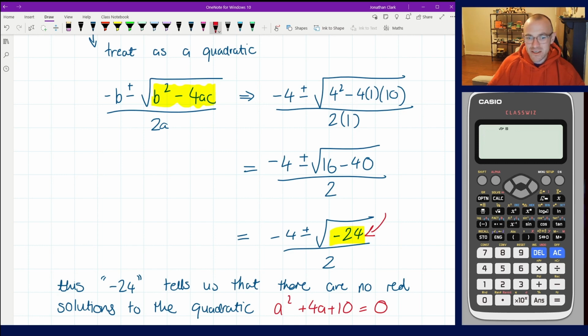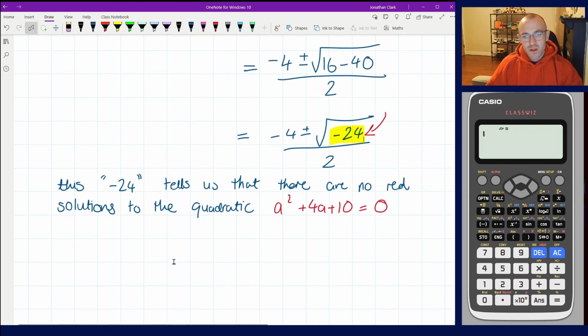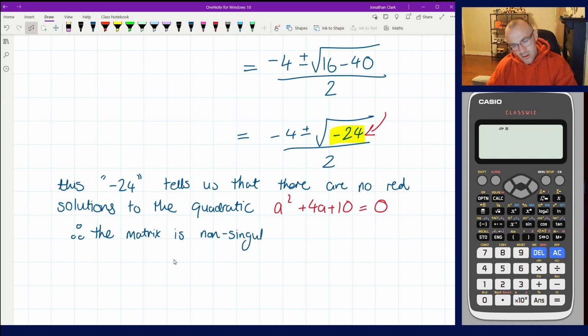It would have to be a complex value. There we go, that shows it. Therefore, the matrix is non-singular for any value of a.